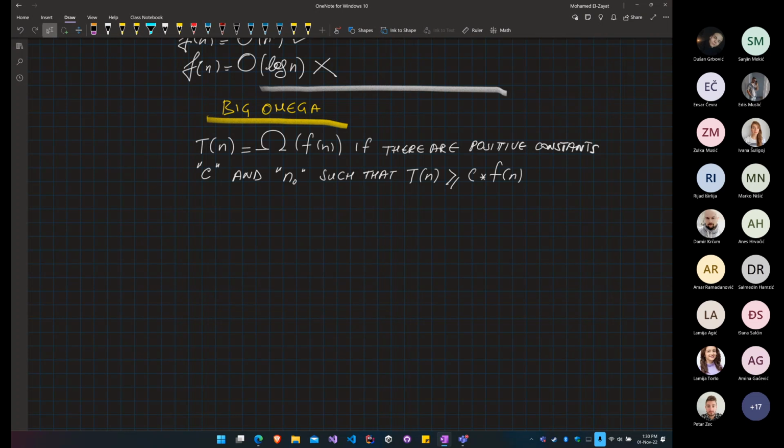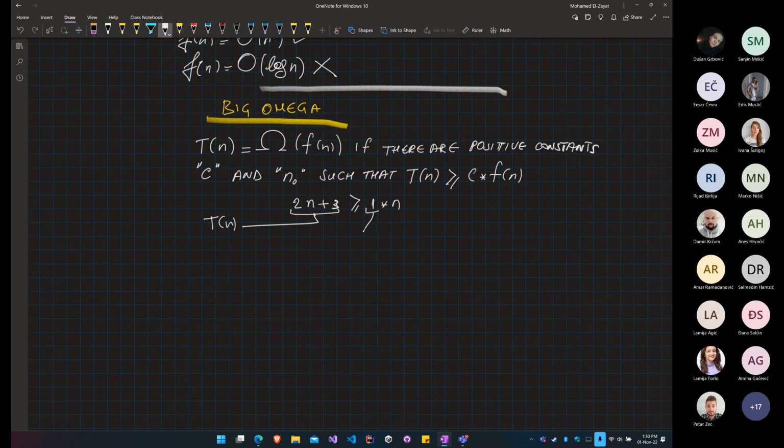That means it's a big omega function, right? So if I pull out the same example here, 2n plus 3 as an input, larger than or equal to 1 times n, this is your input t of n.